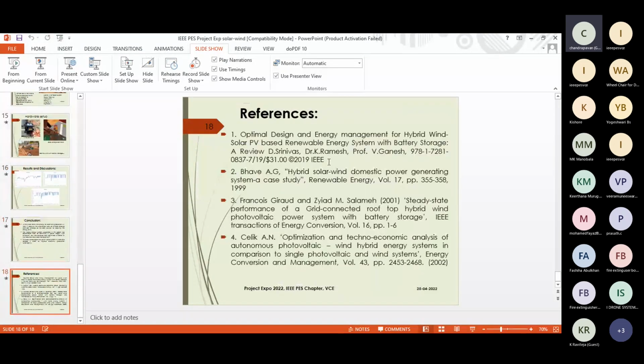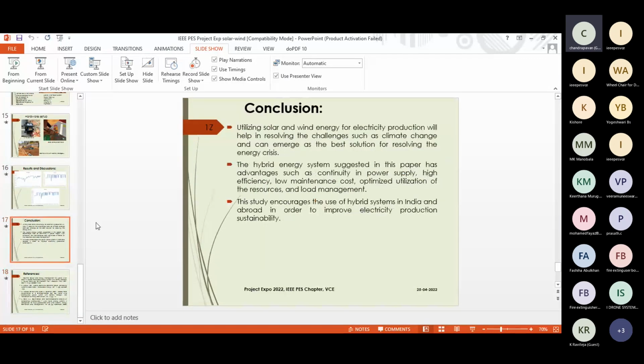In conclusion, the solar wind hybrid system can be used irrespective of climate change, and this paper suggests it has more advantages than using a single power source, and this study encourages the hybrid system. Thank you.